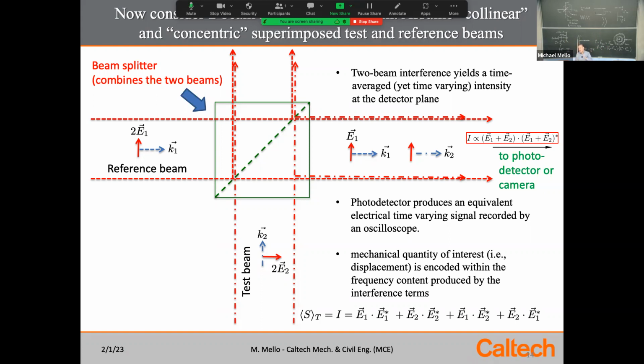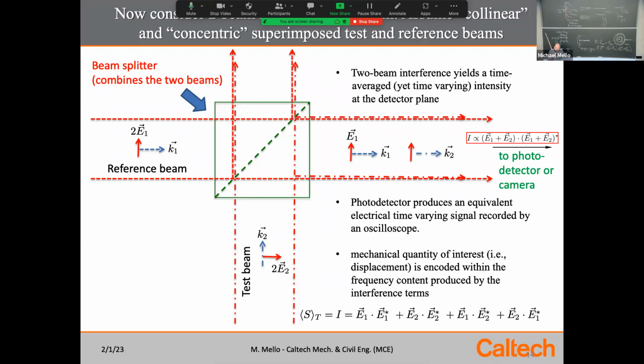Number two, I'm not digressing too much into this, but it's the coherence length. Those waves coming out of the laser are incredibly coherent for a very long time. And so you can mix beams, have them be separated from each other and recombine them, and they still remember each other phase-wise.